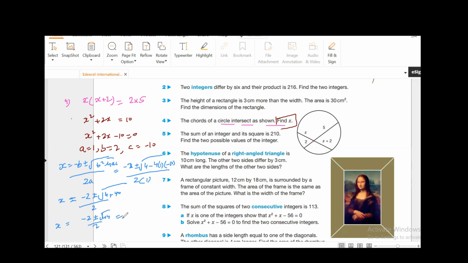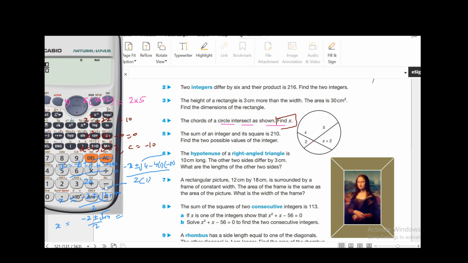So one answer you can find out by using plus, and one answer you can find out by using negative. So look, I can say that negative 2 plus square root of 44 divided by 2 gives me the answer 2.31.